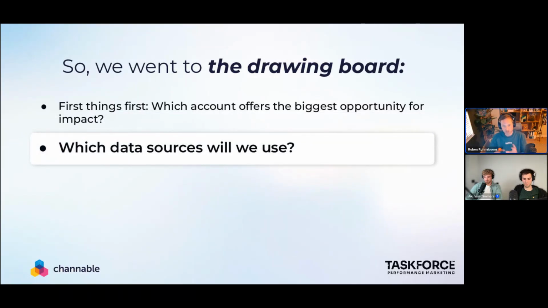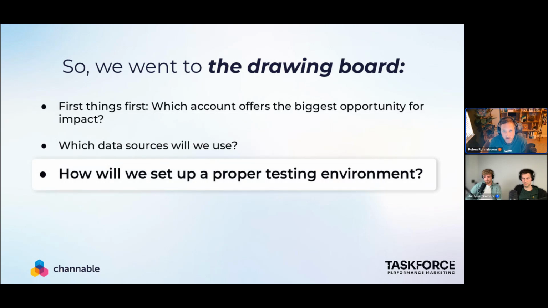Of course, we want to know which data sources we can use. In this case, we wanted to use untouched attributes we haven't used before, and we like to combine organic search data to enhance our setup.